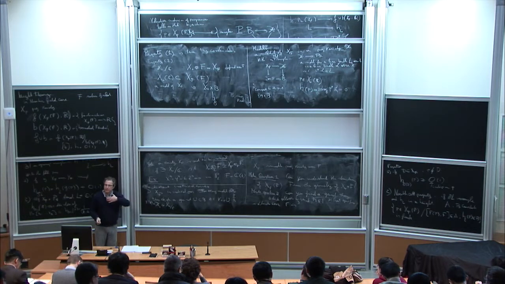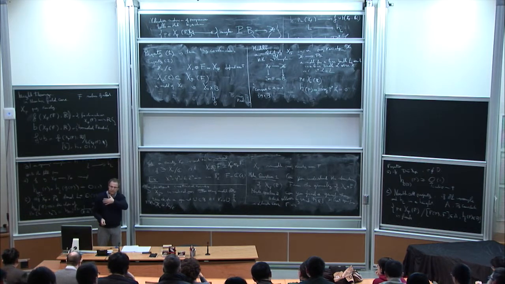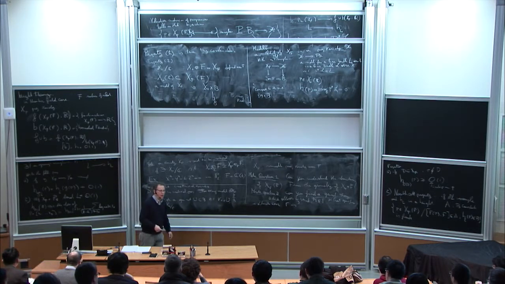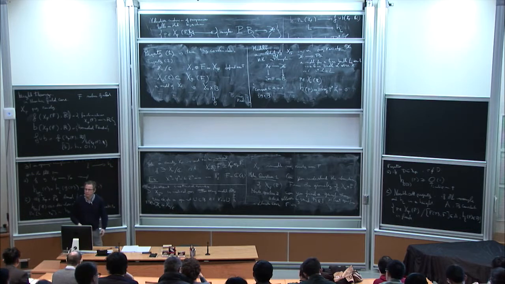So that means isotriviality means that the variety does not deform. Actually, it's just a constant family as a geometry.